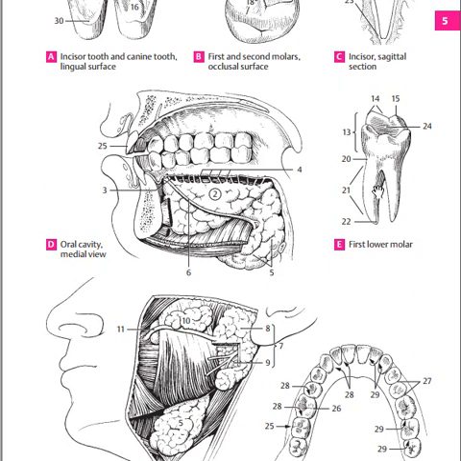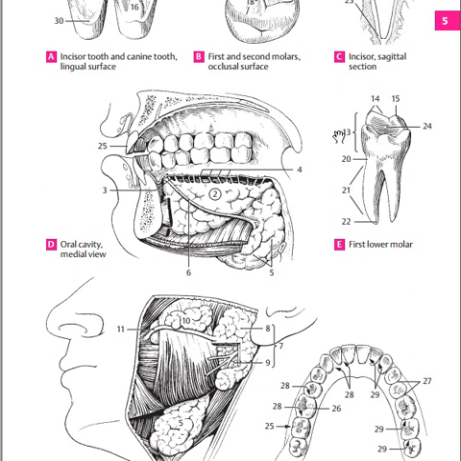This is for the superior molars. The first two superior molars have two roots, while the next, that's the third superior molar, has three roots. While in the inferior molars, the first molar only has two roots, while the next two molars have three roots.